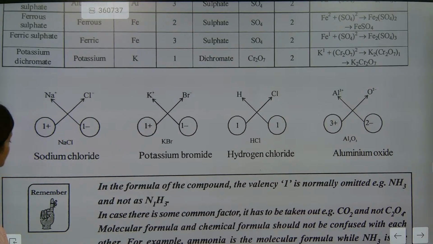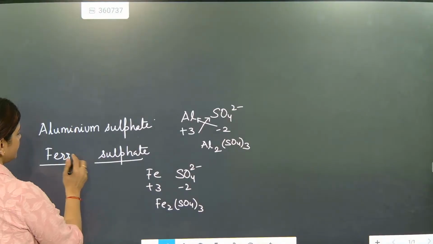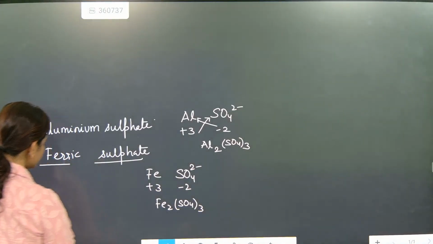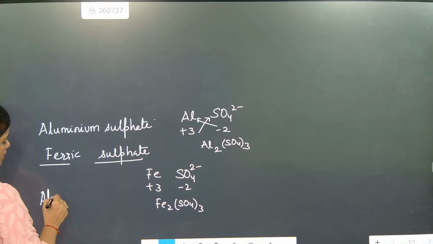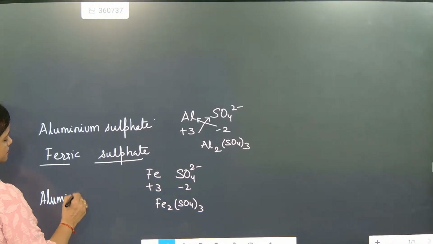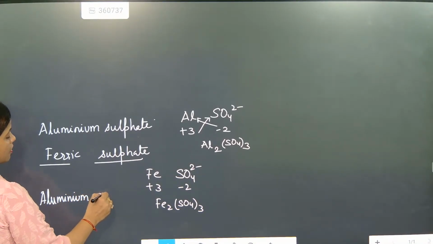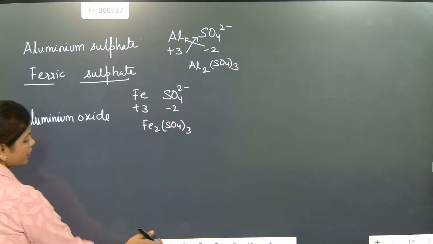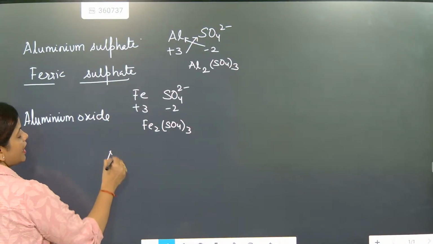Will you be able to do aluminium oxide? How are we doing aluminium oxide? This is ferric sulfate, beta. Now if somebody gives you aluminium oxide, how are we going to write it?